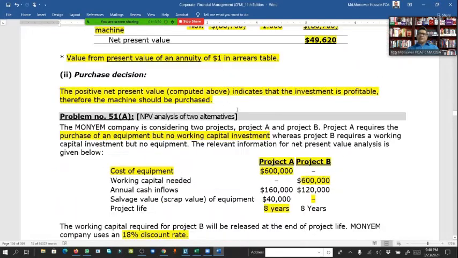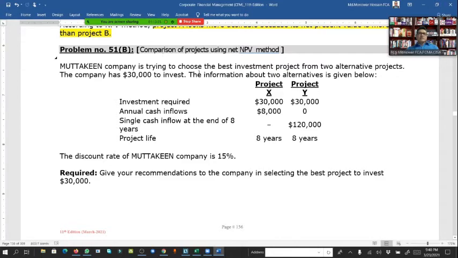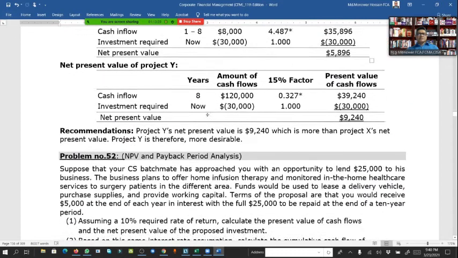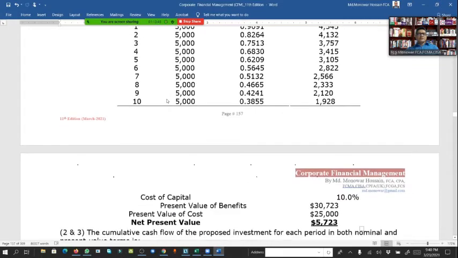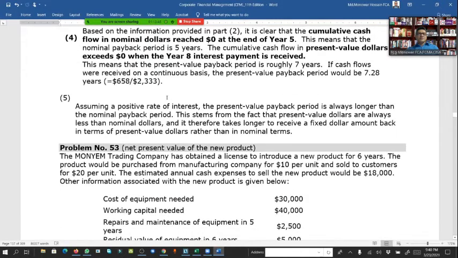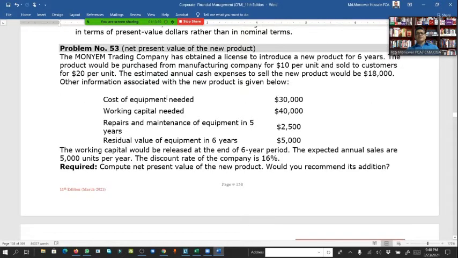So this is the different way of calculating here. Same way, another one, compare and just do it, sir. And here a math, NPV and payback period both are here. Also net present value of a new project.